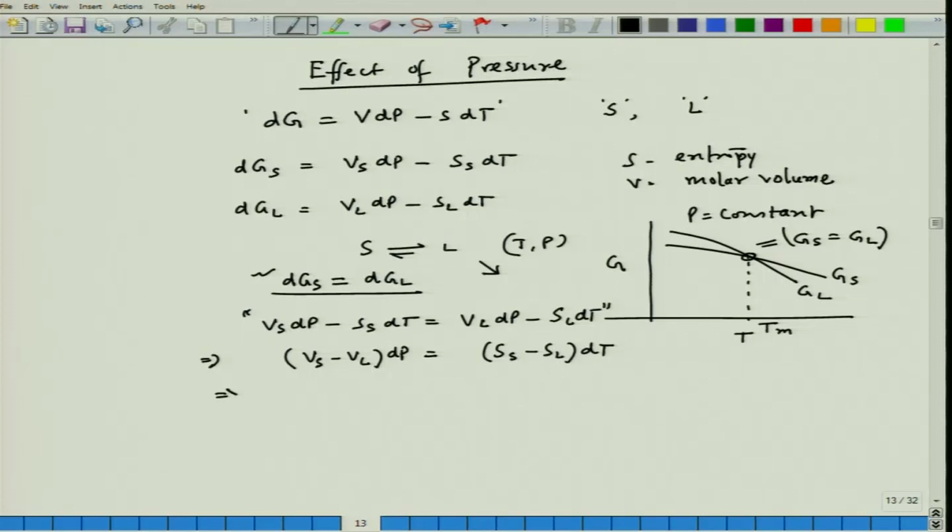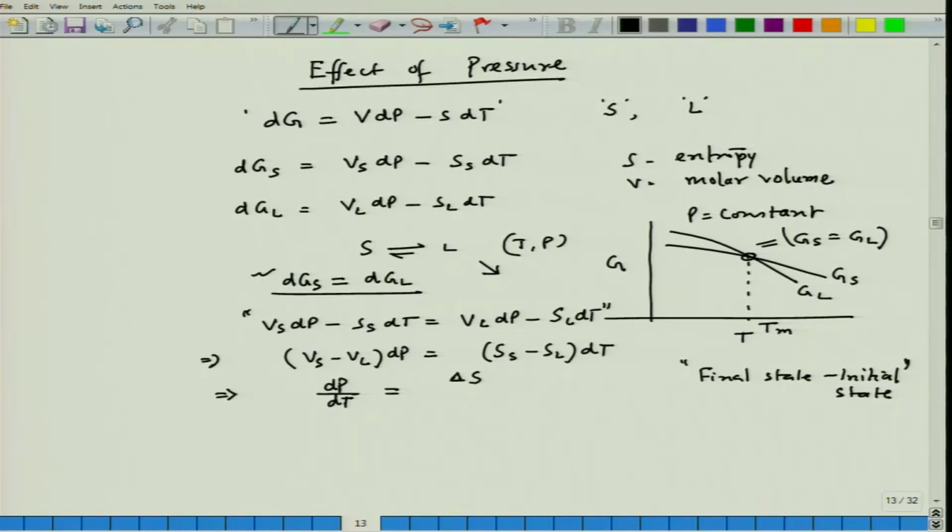Now again I can write, and here you see in case of thermodynamics what we experience is final state minus initial. So, this is the transformation when some transformation is taking place.